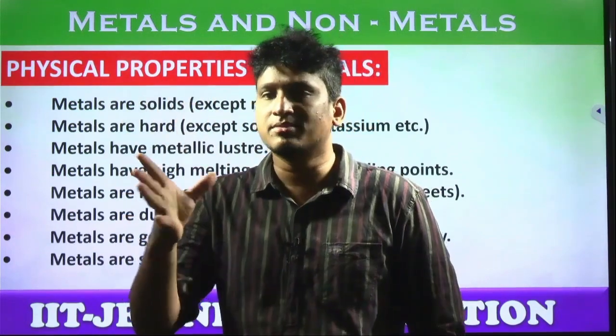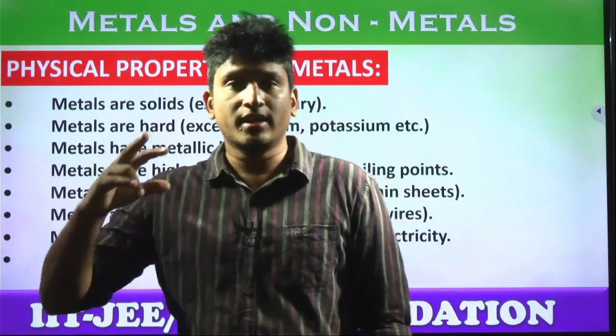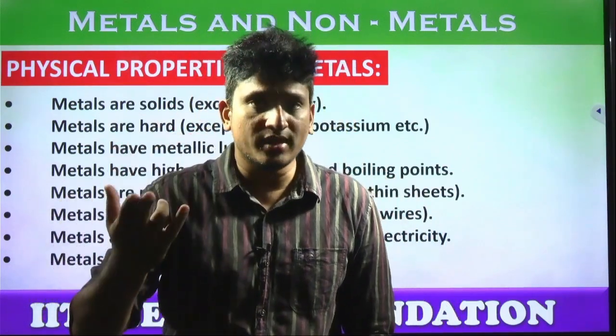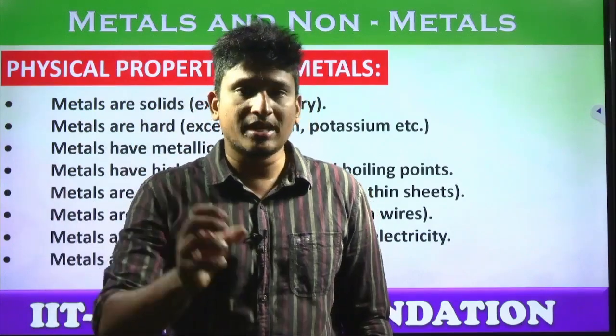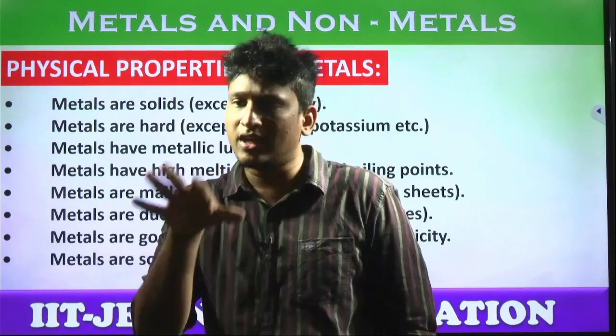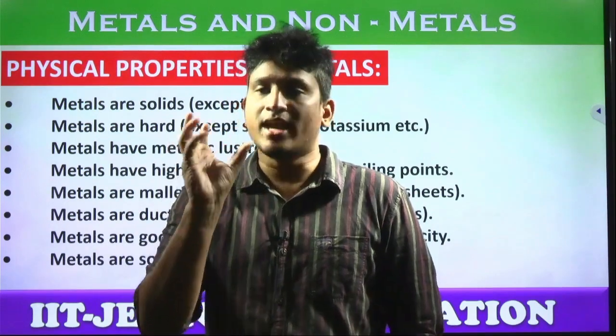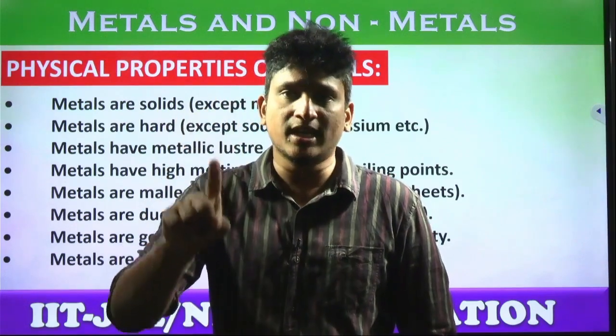Free electrons means metals contain valence electrons, either 1, 2 or 3, yes or no? And metals always show a tendency to lose electrons, yes or no? So these electrons which are present in the metallic solid behave like carriers of electricity. They are freely moving electrons. So those electrons are the reason for the conduction of heat and electricity.